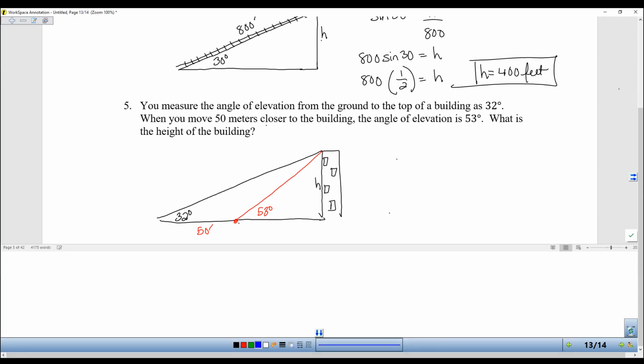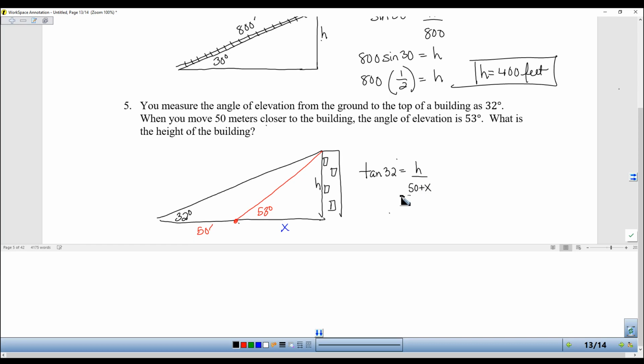Okay, so to do this one, we're going to have to create a system of equations. This one's a little tricky. So I want to know opposite, and I know part of the adjacent. So I'm definitely going to be using tangent. And my first equation is that tangent of 32 is equal to opposite over, and I'm going to have to call this 50 plus x.